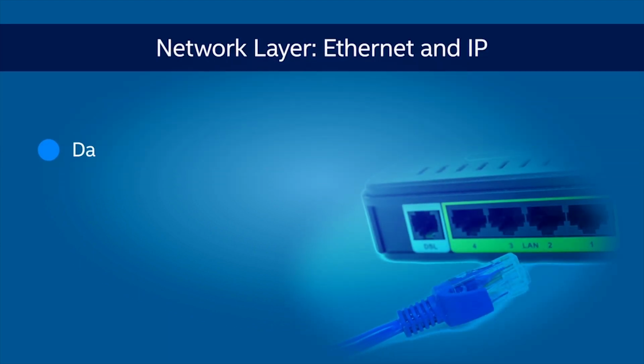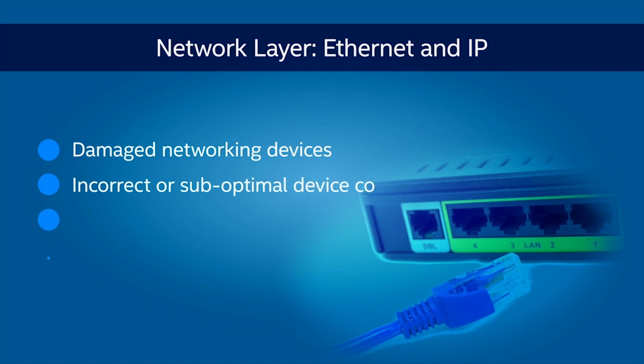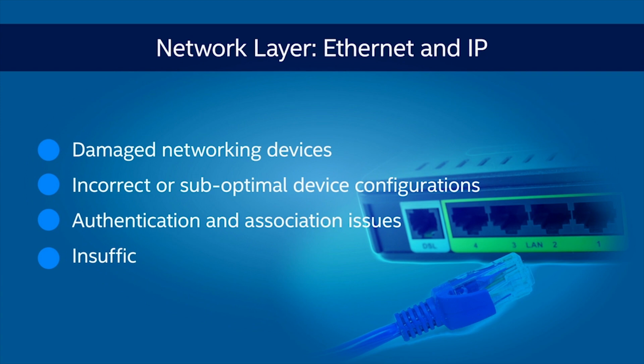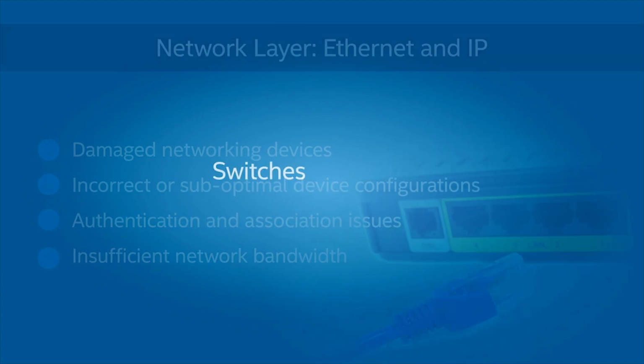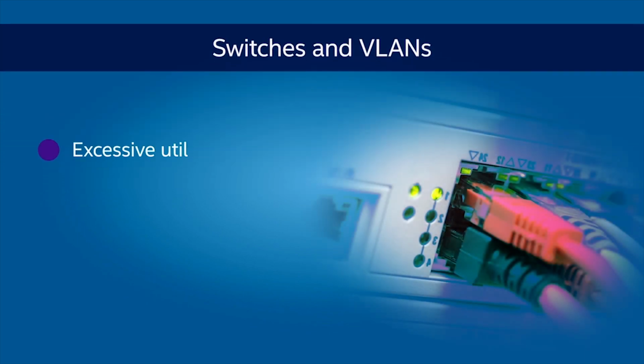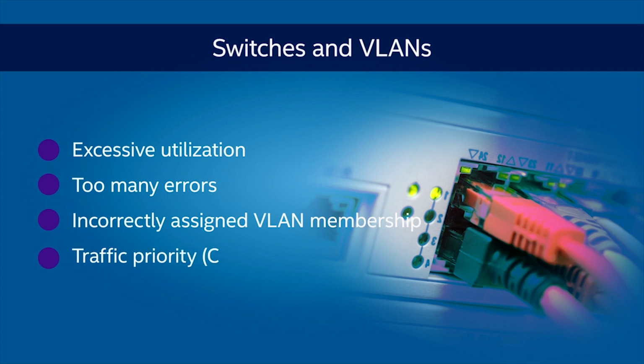Possible causes: damaged networking devices, incorrect or suboptimal device configurations, authentication and association issues, insufficient network bandwidth. Switches and VLANs. Possible causes: excessive utilization, too many errors, incorrectly assigned VLAN membership, traffic priority, COS or QoS issues.